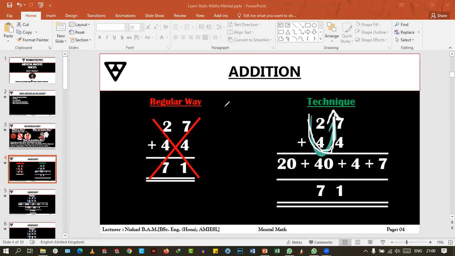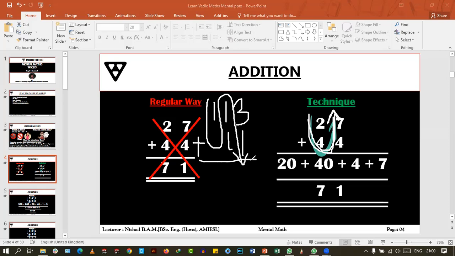If we follow the same technique for adding 113 plus 11, we have to draw an arrow like this in our mind, not on the paper, right? You have to think like this: 100 plus 10 will be 110, and then this one is also 10. So 120 plus 3, 123, 123 plus 1, it will be 124, right?